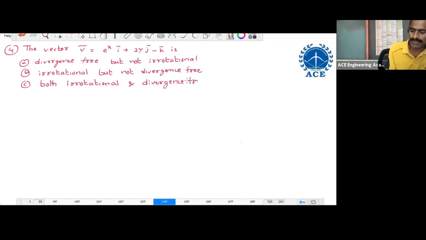Option D: neither irrotational nor divergence free.